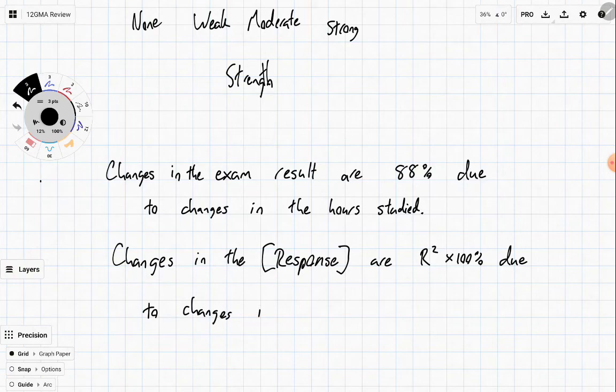Okay, so this is a sentence structure that we'll sometimes use when we're using the coefficient of determination. We say, changes in the response are X percent due to changes in the explanatory variable. That sentence structure will come up every so often, and it's a useful one to know for the coefficient of determination.